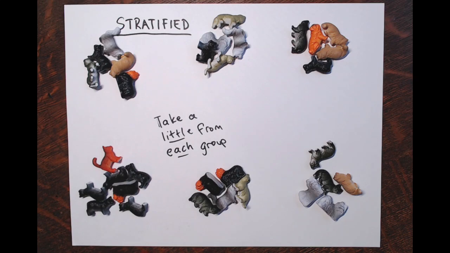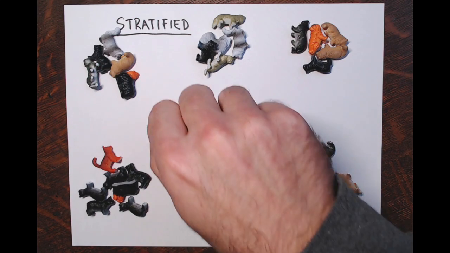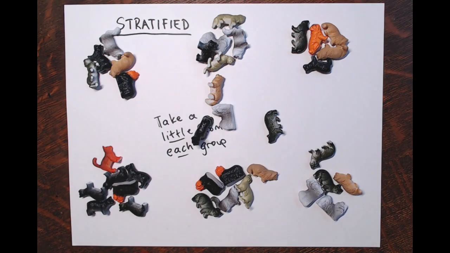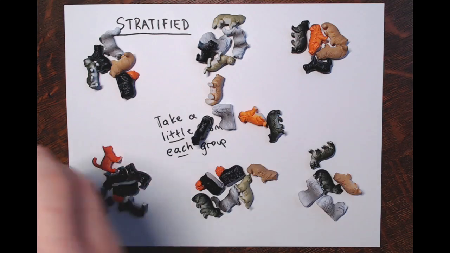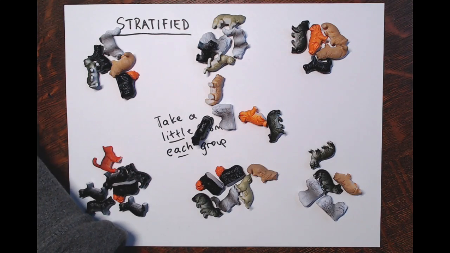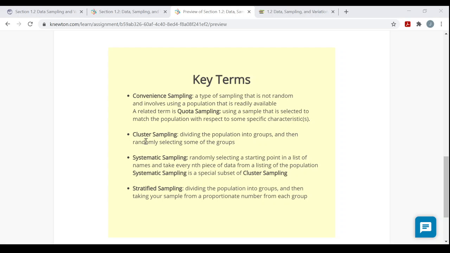Can you see the difference between this and cluster? Cluster was break into groups, and then you take entire groups, leaving some other groups alone. So let's go back to the instruction. That was cluster and stratified.